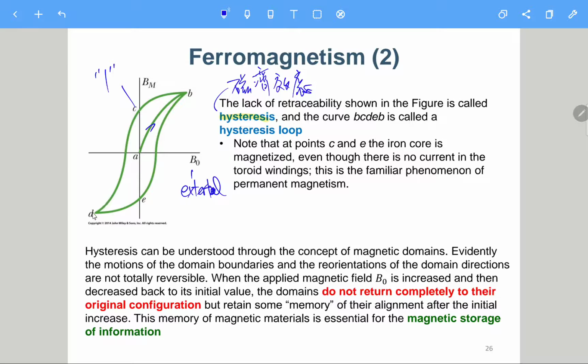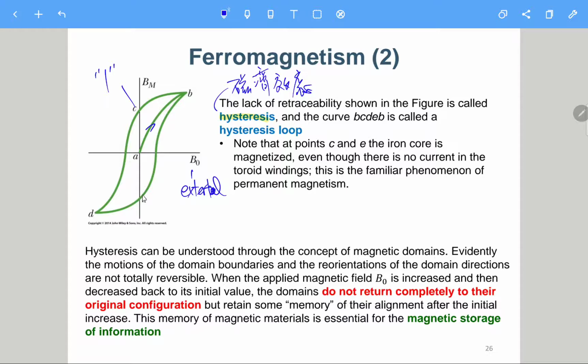And up to this point, the ferromagnetic material will generate the magnetic field in the other direction for the maximum value. Now we can reduce the magnitude of the external magnetic field up to this point.